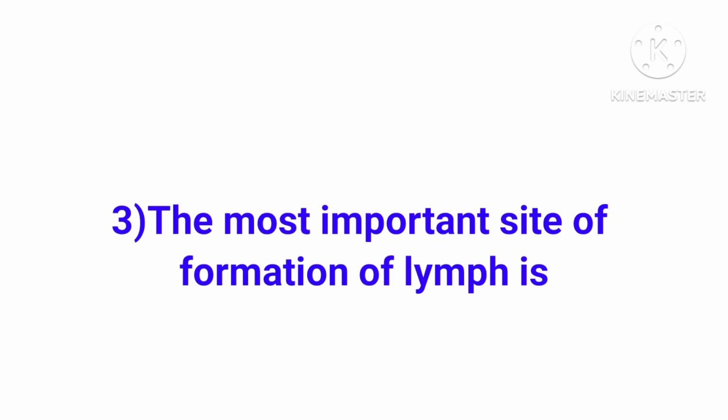The most important means necessary. Site refers to a particular place of formation. Formation means process of being formed. Of lymph. Lymph means lymph is a clear to white fluid made of white blood cells.